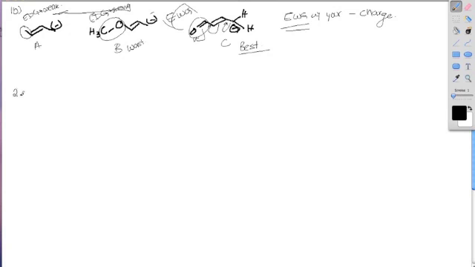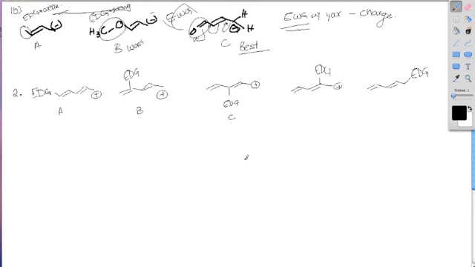Now let's go on to 2. Okay, now this is actually going to be showing us an important concept that I didn't really mention previously. Even though you have an electron donating group in association with your positive charge, and by in association, I mean literally on the same compound, it doesn't always work.